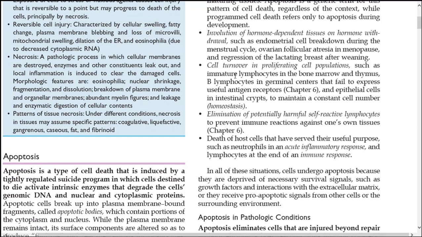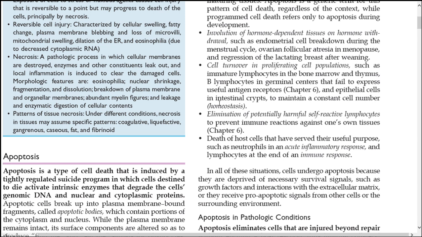Next, cell turnover in proliferating cell populations. Immature lymphocytes in bone marrow and thymus, B lymphocytes in germinal centers which fail to express useful antigen receptors, not all B lymphocytes get matured, and epithelial cells in intestinal crypts. How is the intestinal crypt formed?